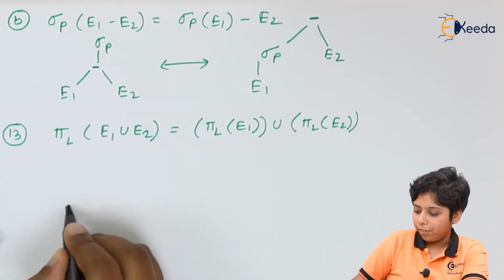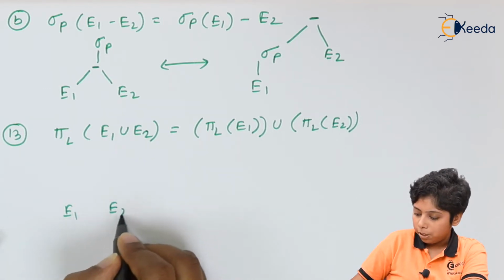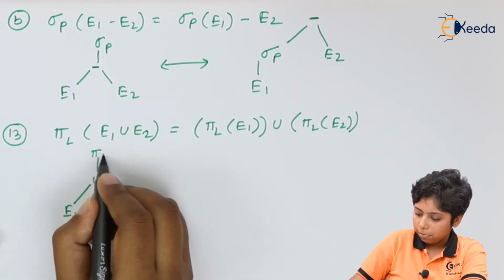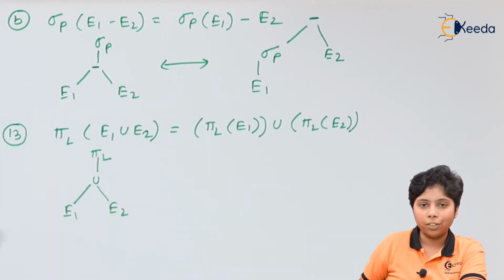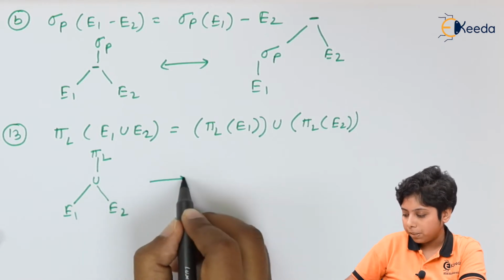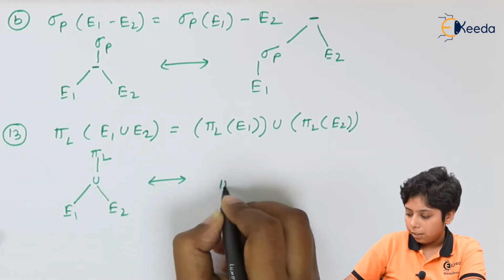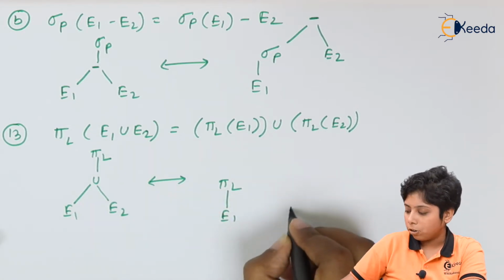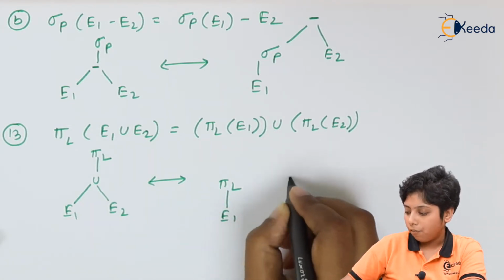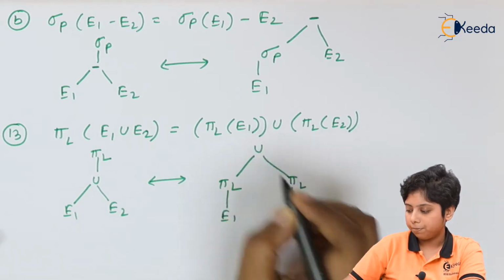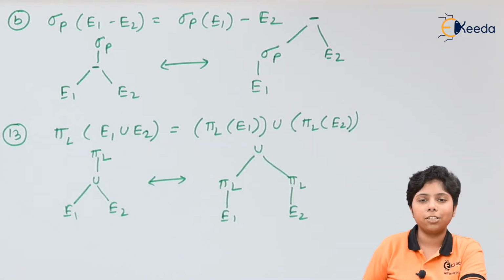So first we have E1 and E2, make a union out of them, and then project some attributes L over this union. It will be the same as projecting the attributes L from E1, also projecting the same attributes from E2, and then taking their union. So it also distributes over the union expression.